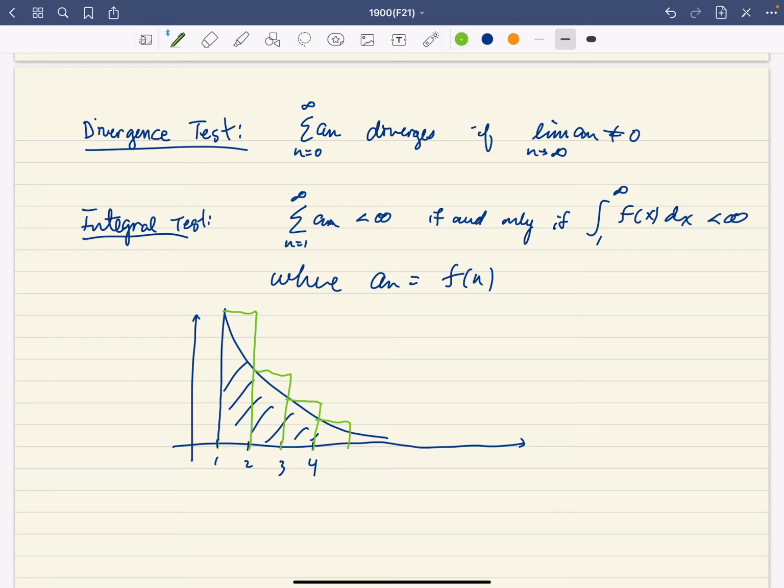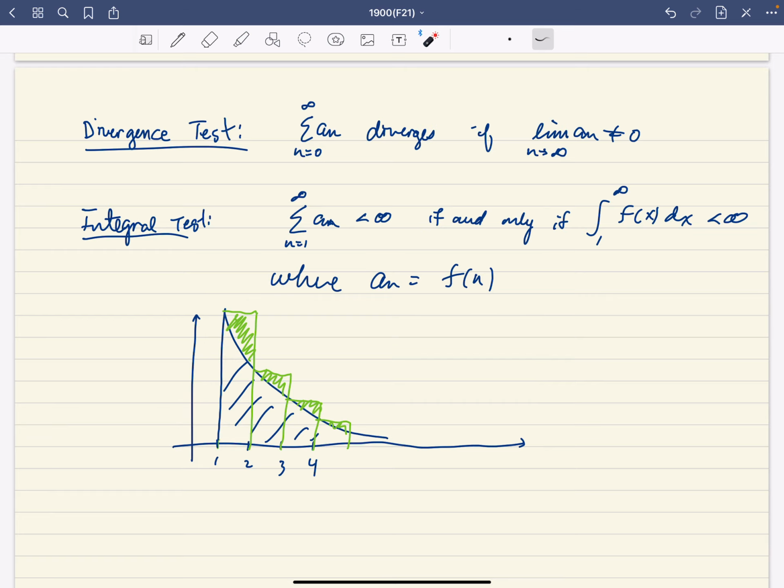Remember what we did: you can take all these areas and slide them over so that they all fit inside this rectangle, which is of size f of 1.